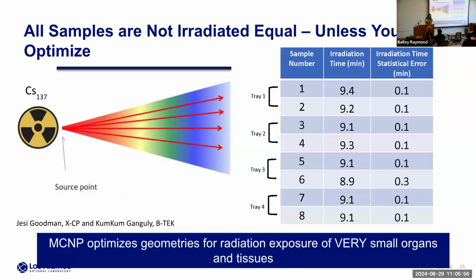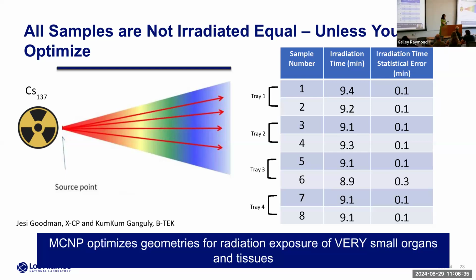Some things that our computational team were really helpful with are things like irradiation of samples. I mean, there are guidelines from the International Council on Radiation Protection on what doses might be and how to calculate doses, but there wasn't anything for something this small. And so we used Monte Carlo and particle computation to optimize our geometries for radiation exposure.